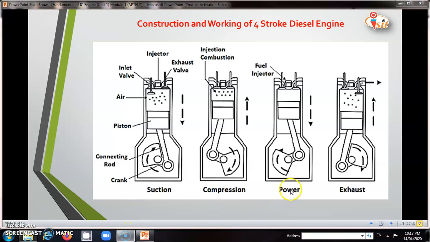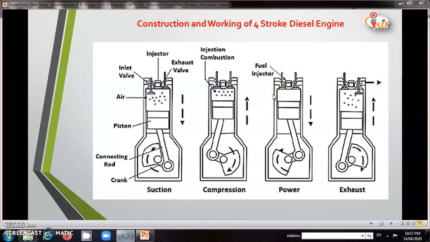In the power stroke, both the inlet valve and the exhaust valve are closed. The basic difference between SI and CI is that in the SI engine a spark plug is there for ignition. The main function of the spark plug is to produce the ignition action, and then combustion starts. But in the CI engine, the compression ratio is higher.